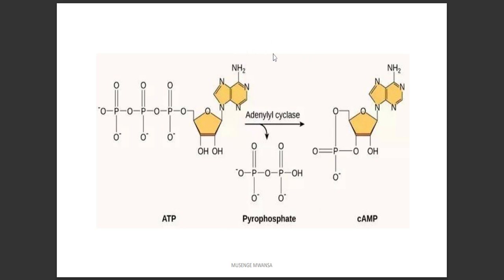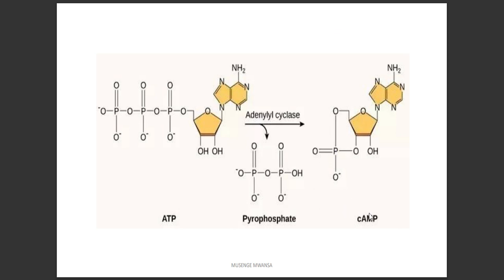If we have the cell membrane, we have all these pumps which allow the intake of sodium and chloride ions. The way we know it is that potassium is more inside the cell, sodium is more outside the cell, and chloride ions are also more outside the cell.